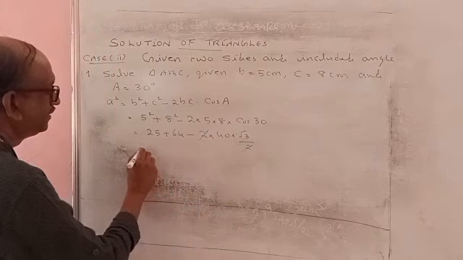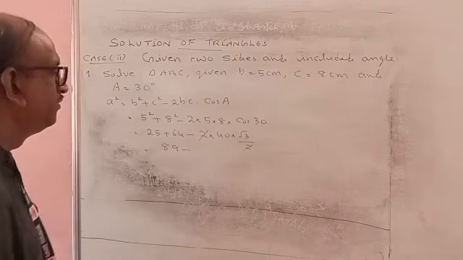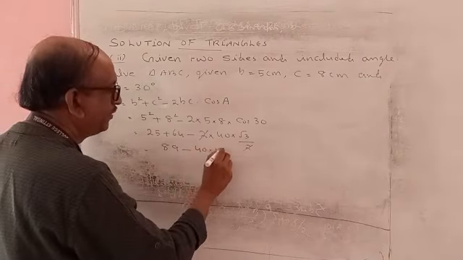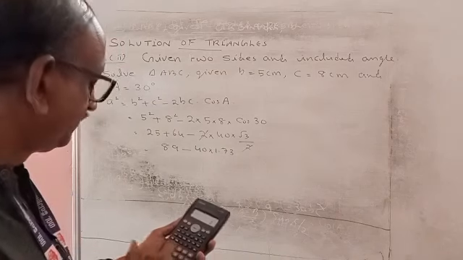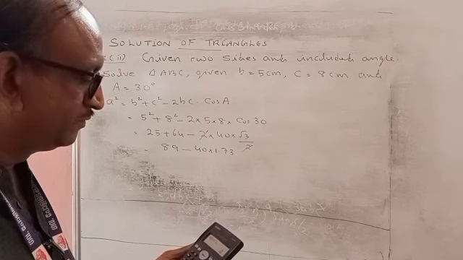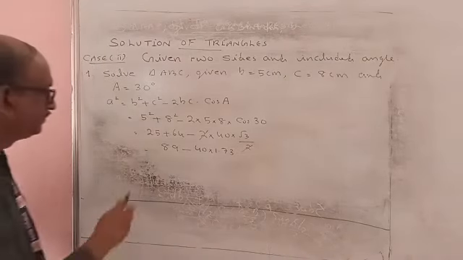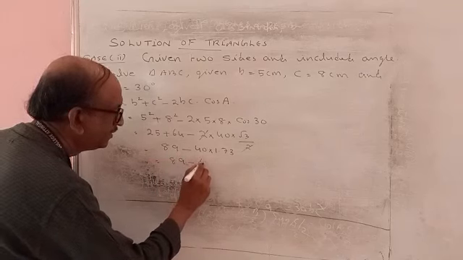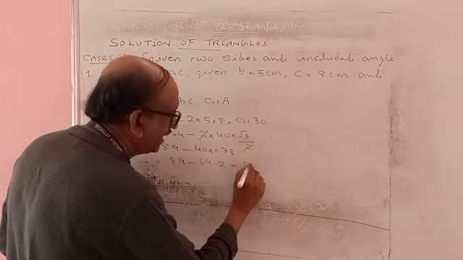The 2 cancels. 25 plus 64 is 89, minus 40 into 1.73, which is 69.2, is equal to 19.8.